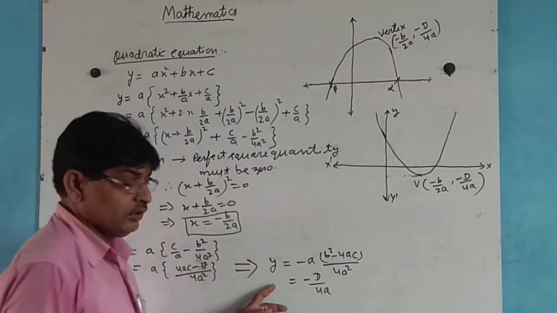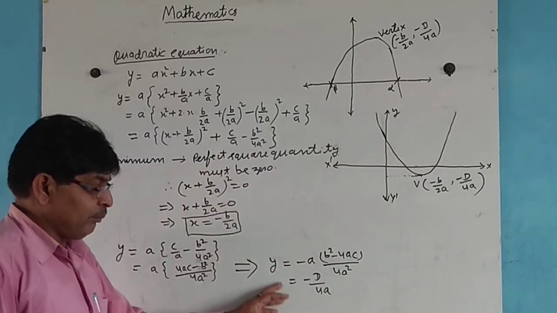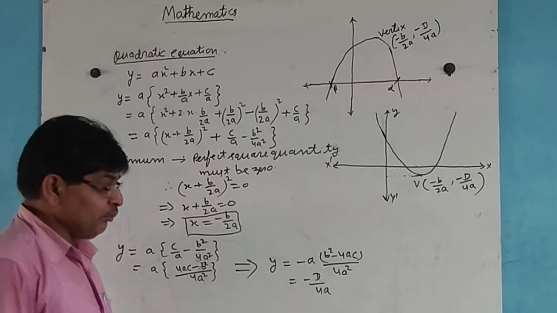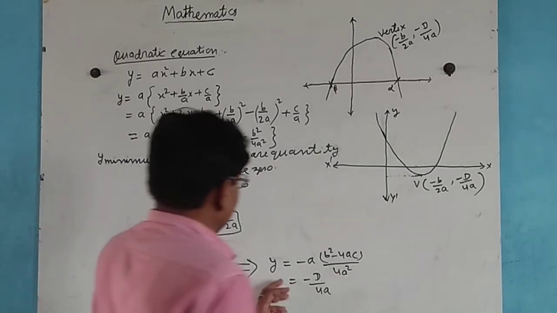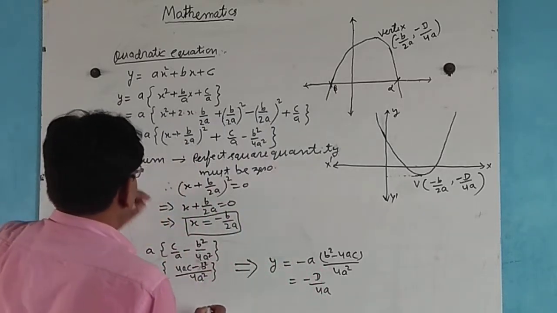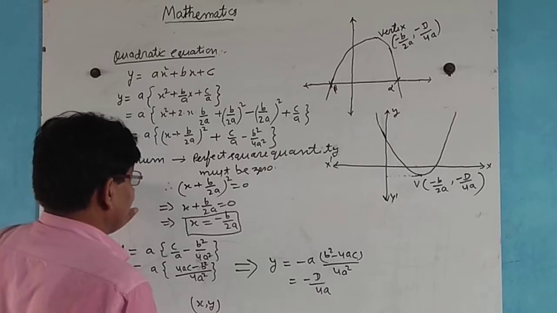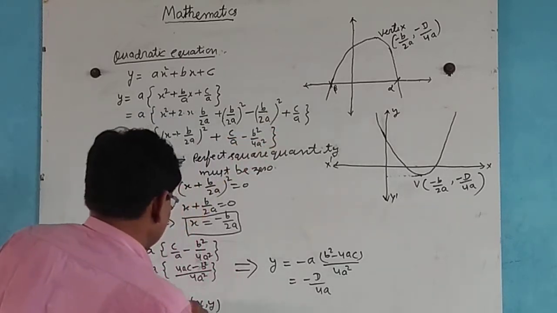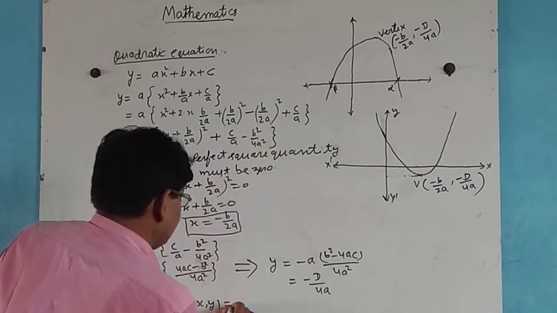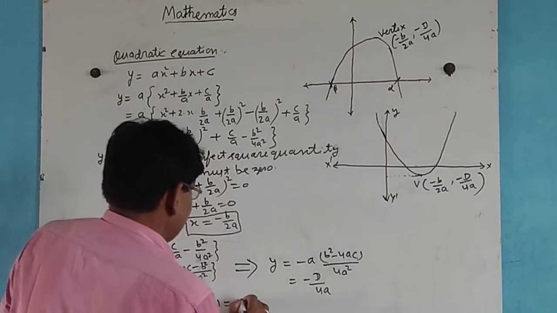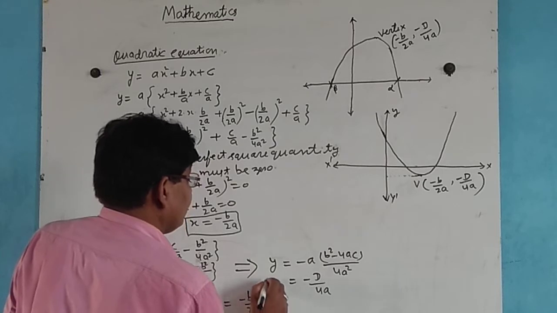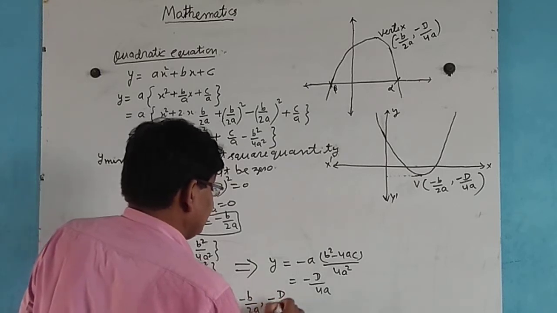This is the value of y, minus D by 4a, so that the x and y coordinates, that is the coordinate of the vertex V(x, y), are x equal to minus b by 2a and y equal to minus D by 4a.